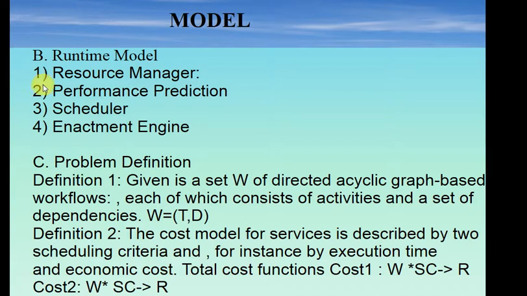The performance prediction is the estimation of an activity deployment on individual resources through an offline training phase based on a well-defined experimental design followed by regression methods. And coming to the scheduler, it determines the workflow mappings on the grid using graph-based heuristics such as the heterogeneous earliest finish time algorithm.